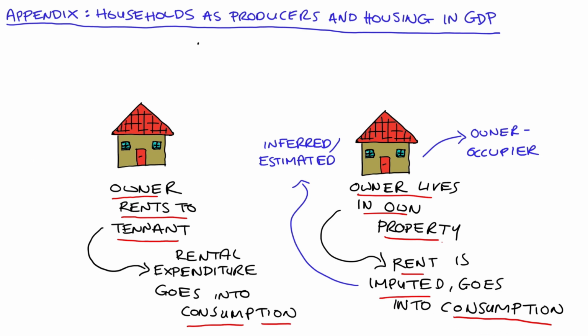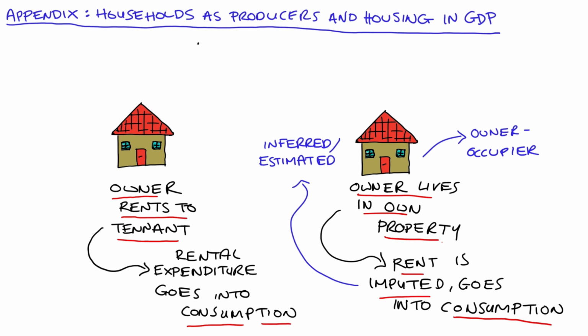And just to be really clear, our owner-occupier doesn't actually pay any rent to themselves, but in our accounts, we account for the value of housing services that they are consuming by imputing a rent. So that's how we treat housing consumption in GDP. That's why housing is a service. That's why new houses are investments and not consumption, because we want to treat all housing consistently as a service, whether we're renting or not.